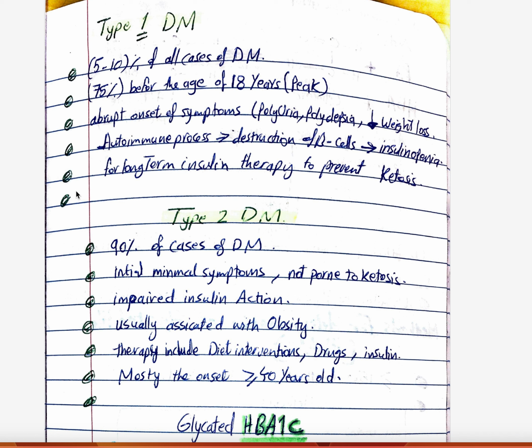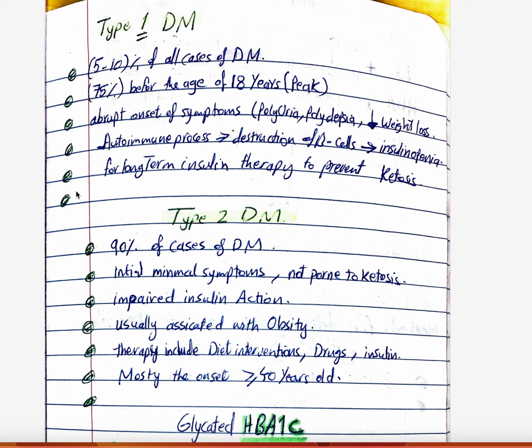When I said abrupt onset of symptoms, he didn't know at all that he may have diabetes. With polyuria, maybe he said to himself that maybe I just drink so much water, but he will have polyuria, polydipsia, and also weight loss.